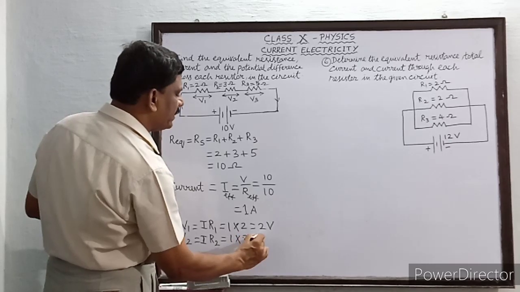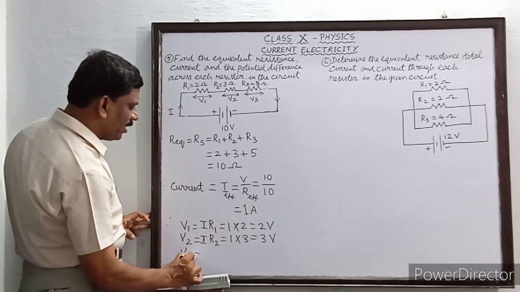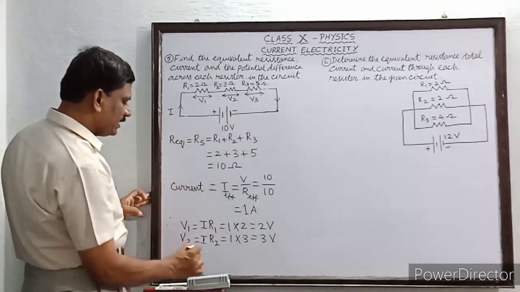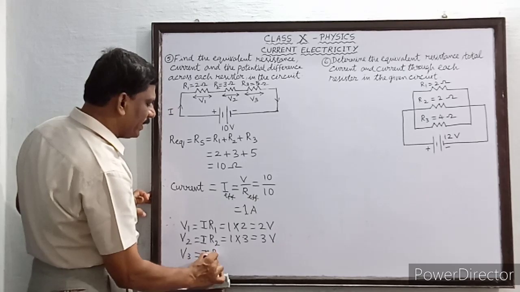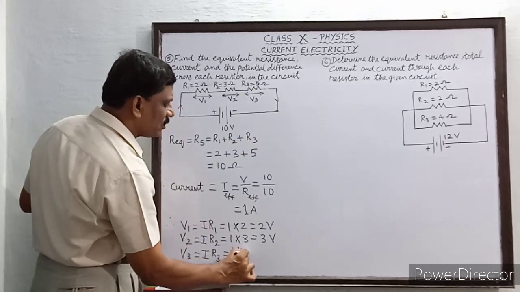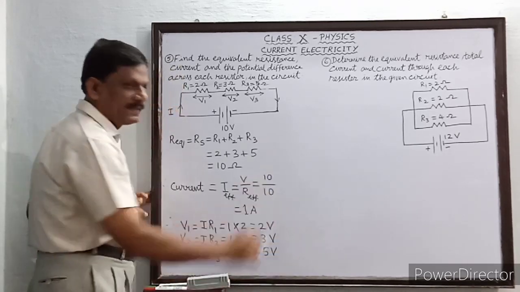So 1 into 3 is 3 volt. Similarly, what should be the potential drop across the third resistance, V3? That is equal to I multiplied by R3, that is 1 into 5, so this is equal to 5 volt.